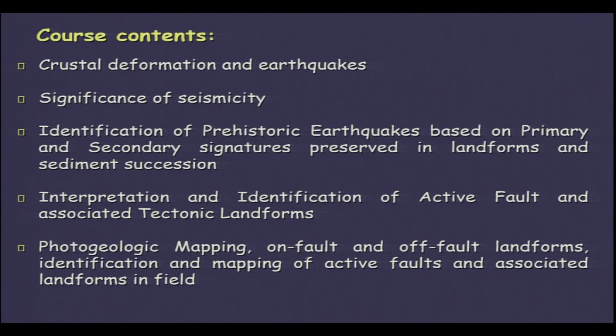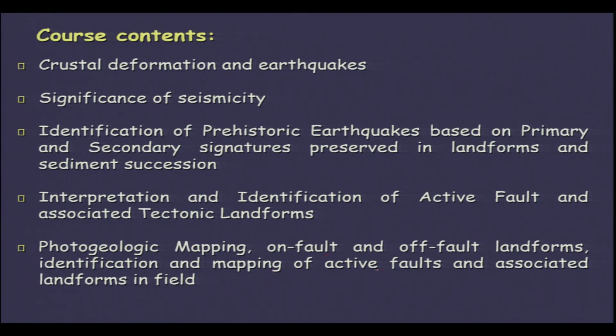So, these are the 2 different domains, I would say, within the one major domain where we will try to look for the landforms which are associated with the faulting, but what are the landforms which are close to the fault and away from the fault.